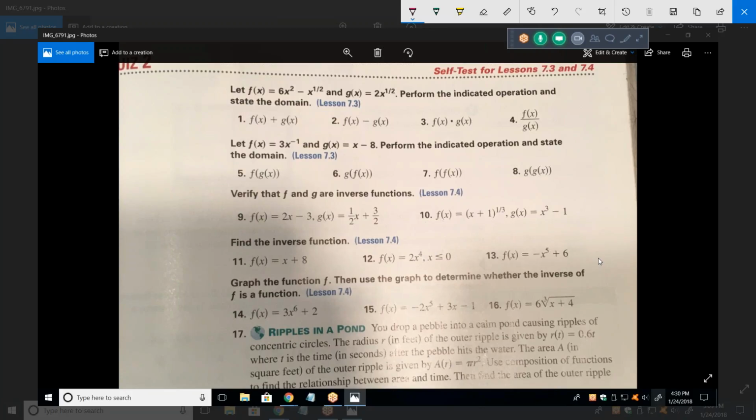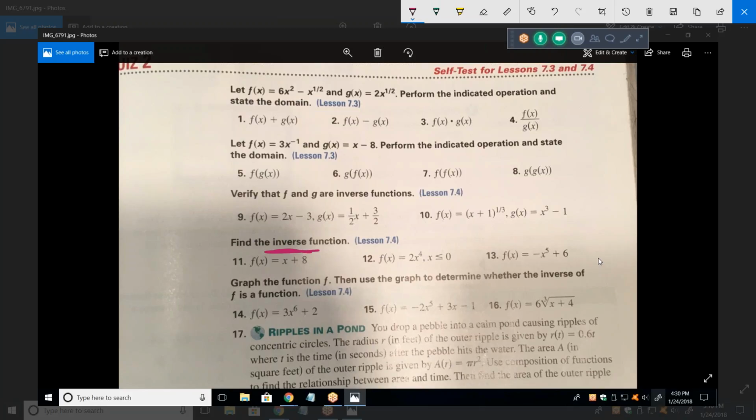Because the key thing about inverses is that the domains swap and the ranges swap when you're talking about an inverse function. In the same way that you swapped the variables, in other words, wherever you saw y, you put x, and wherever you saw x, you put y, you also swap the domain and ranges.